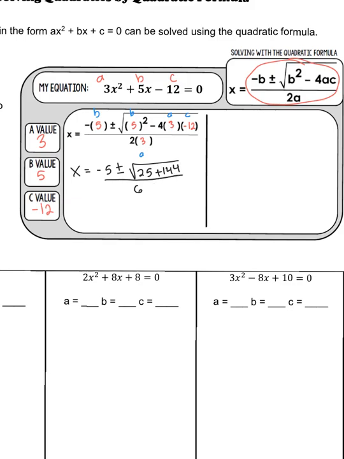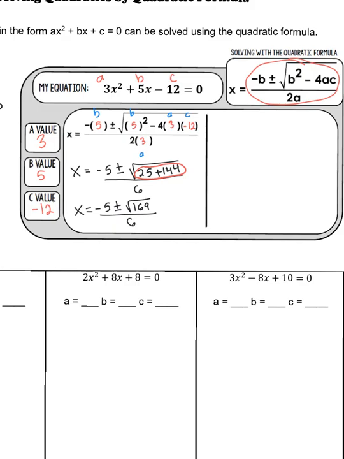Next step, I'm going to take what's underneath of my radical, and I'm going to simplify that. Okay, the square root of 169 is 13.